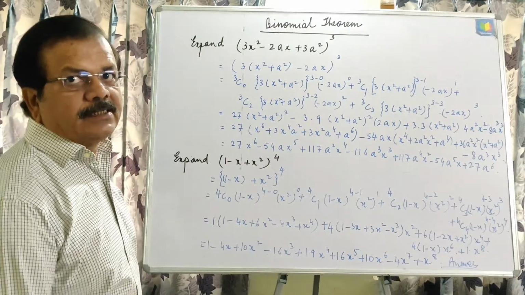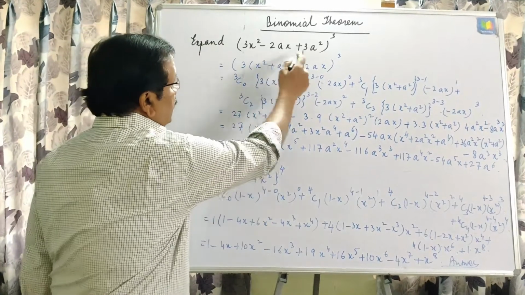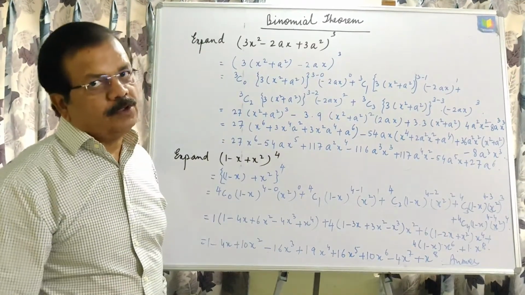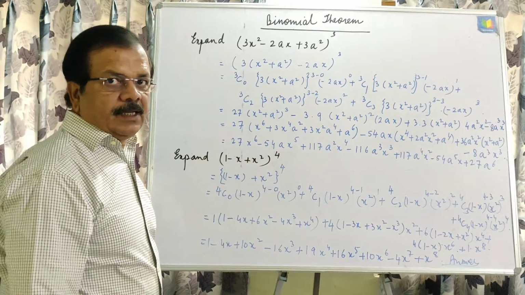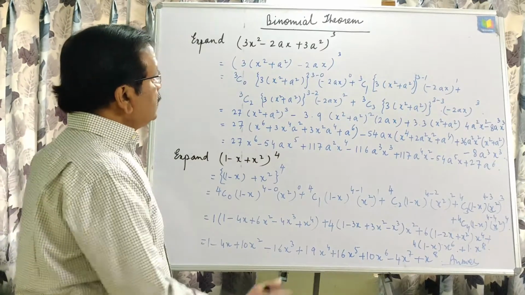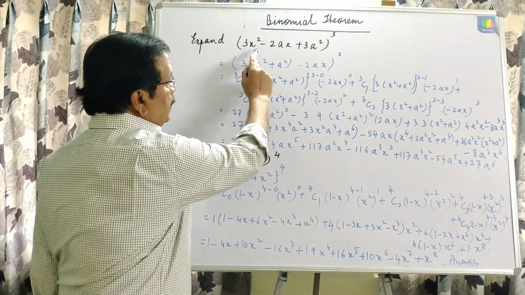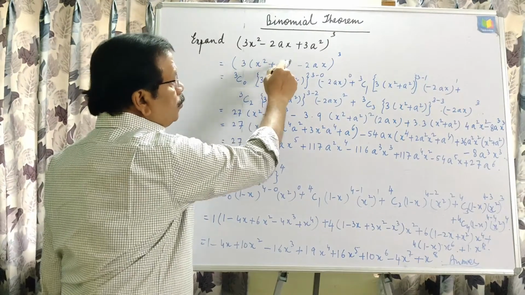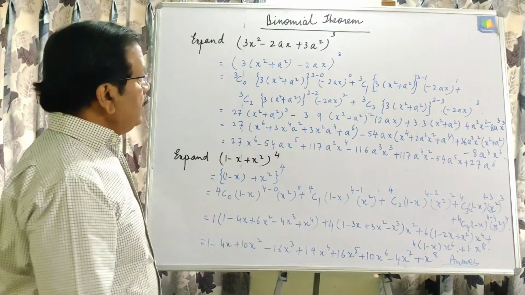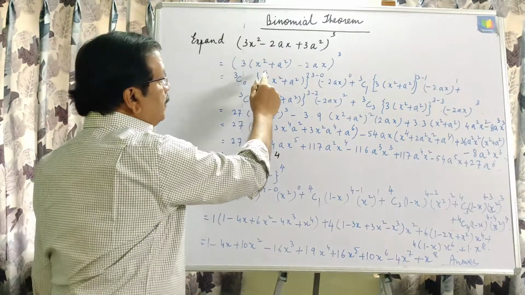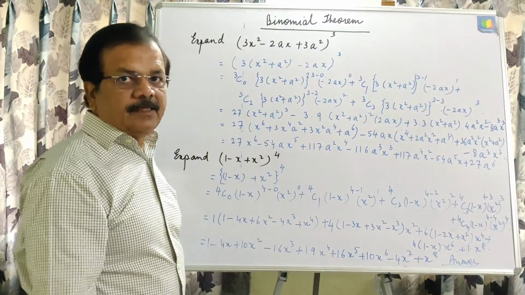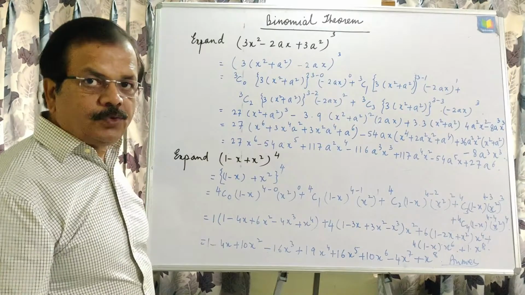Now next question: expand (3x^2 - 2ax + 3a^2)^3. Whenever we are given any expression in such a way that it has more than two terms, then we should rearrange them in such a way that they will be treated as two terms.